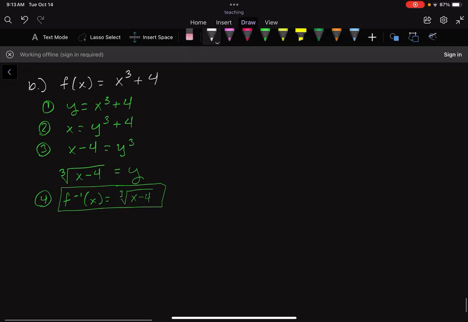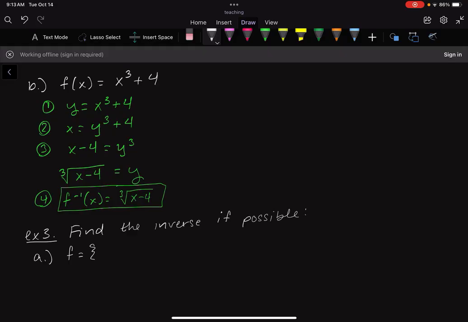Something more that we can do with inverses is what if they're written as sets? So this one says find the inverse if possible. So part A, we'll do f equals, and this one's going to be a set of points: negative 2, 3; 4, 5; 2, 3.